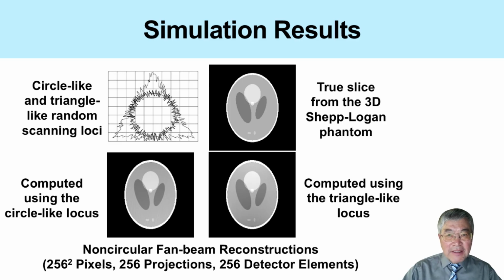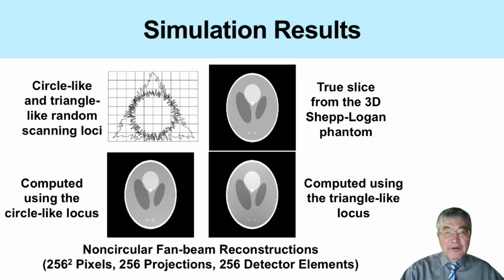Then we apply the extended non-circular fan beam reconstruction formula. On the bottom left, we show the reconstruction using the circle-like locus. On the triangle-like locus, you can see that the reconstructed images are very close to the true slice.